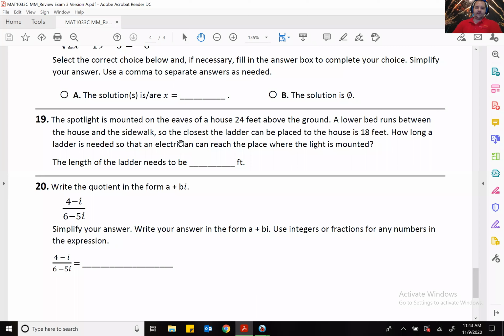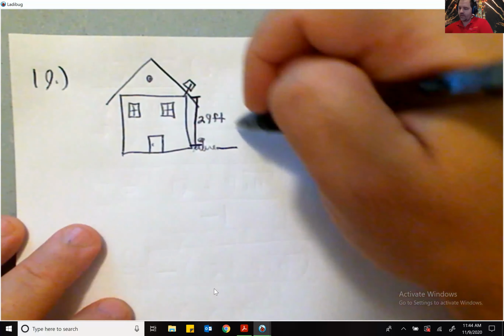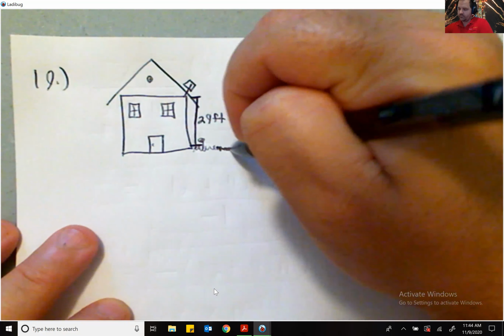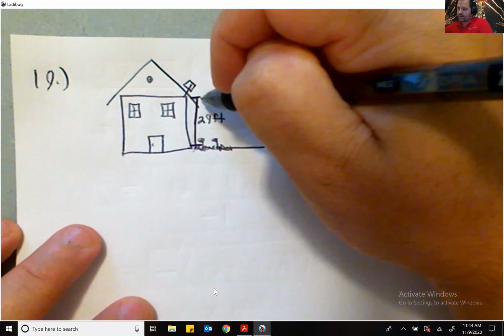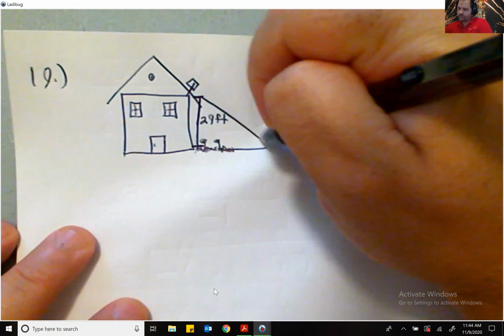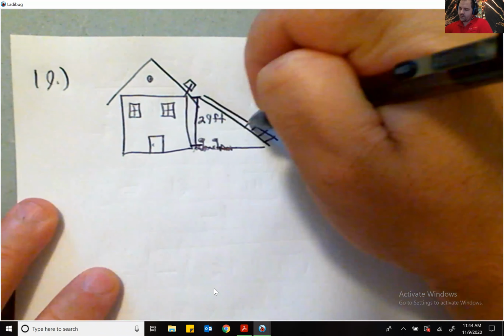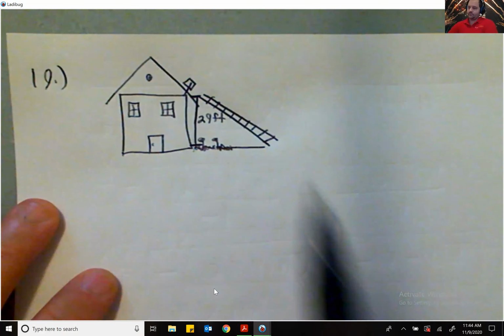It says the closest the ladder can be to the house is 18 feet. Okay. So out here, should have made my flower bed longer. Flowers. My ladder, how far away is my ladder from the house?